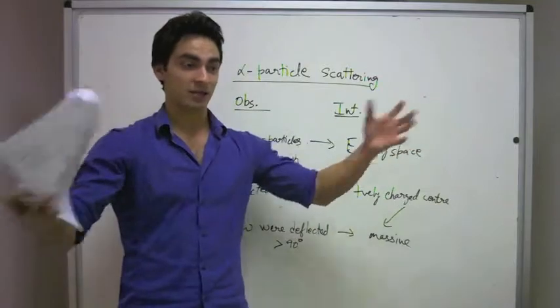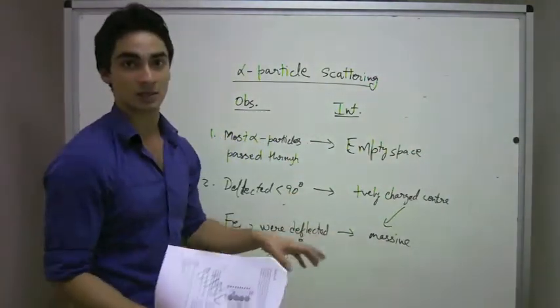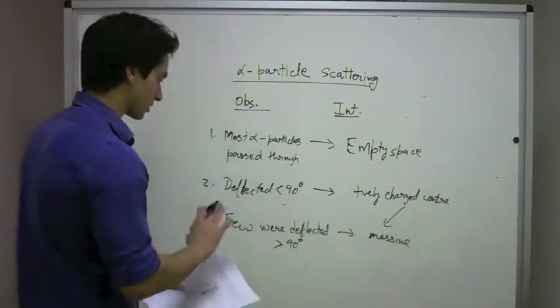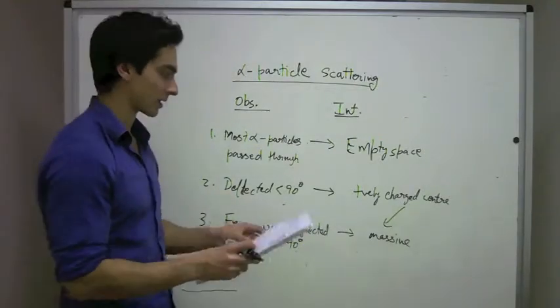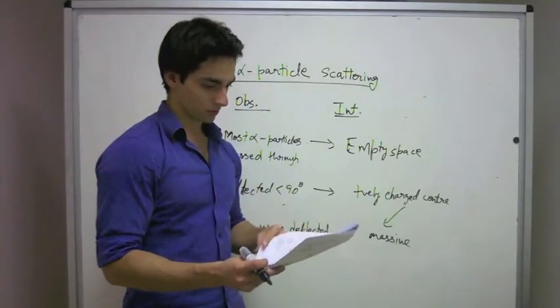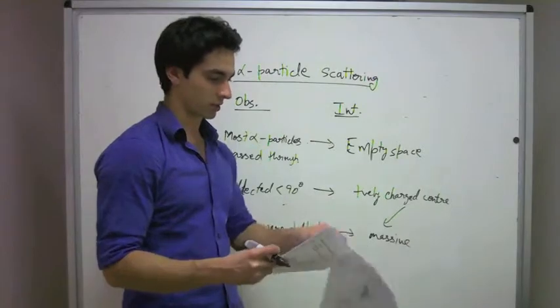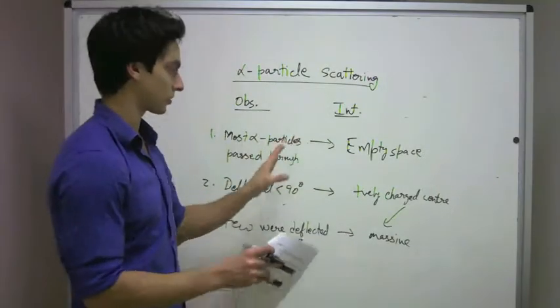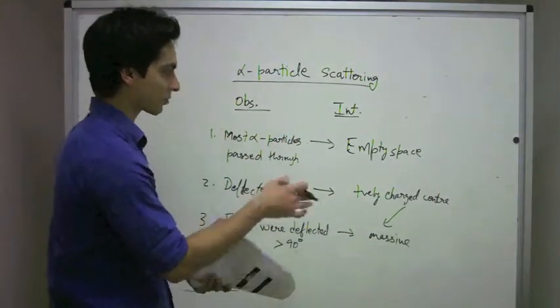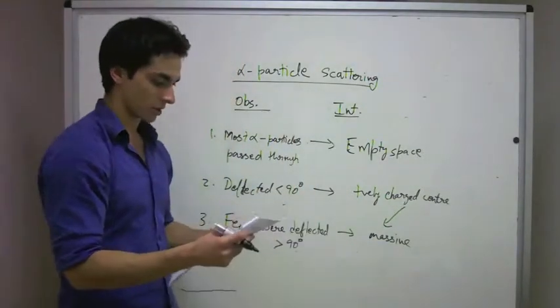So that's the correlation between the size of the nucleus and the empty space in the atom. So you must make sure that the students understand that massive does not mean a large size. Okay, so after this, the student should basically interpret the observations in this way, because the exam questions will basically ask questions based on these three observations.